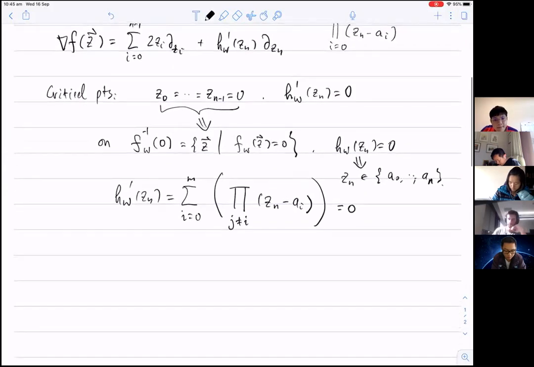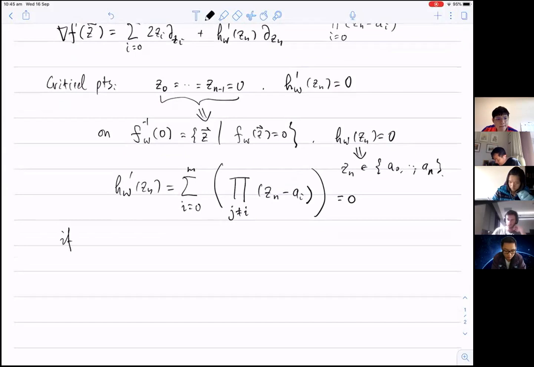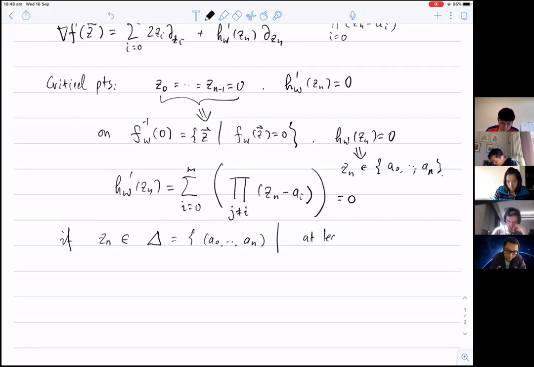So now if we require this is 0, okay, what I'm saying is that if Zn belongs to the set Delta, where Delta is a0 to an with multiplicity, that means there are at least two repeating in the list, i not equal to j, ai equal to aj.